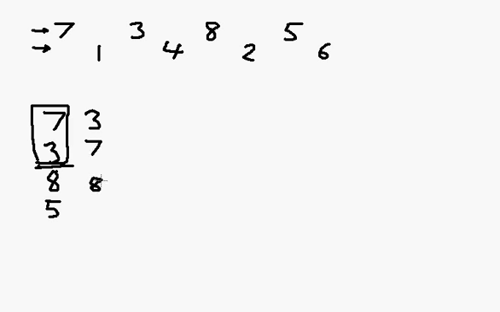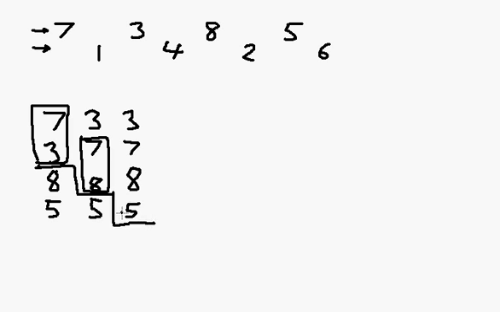Now I'm dropping down to include the 8. Okay, now I'm going to look at the 7 and the 8. So compare them. No swap needs to be made there. Finally, compare the 5 and the 8.